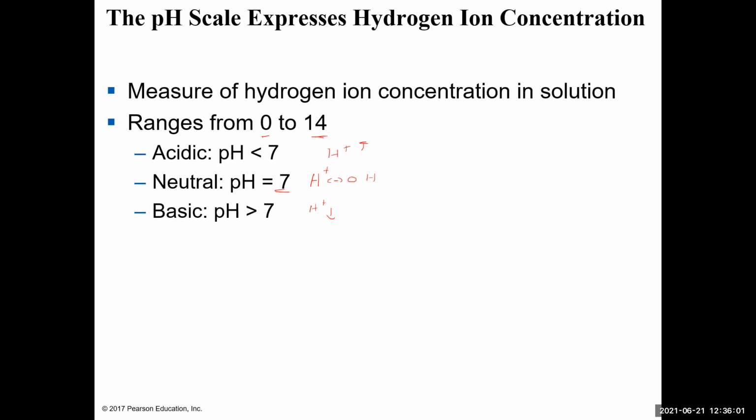A pH less than 7 means that hydrogen ions are increasing. A pH of greater than 7 means that the hydrogen ions are decreasing. So 7.1 to 14 is basic, and then 0 to 6.9 is acidic.